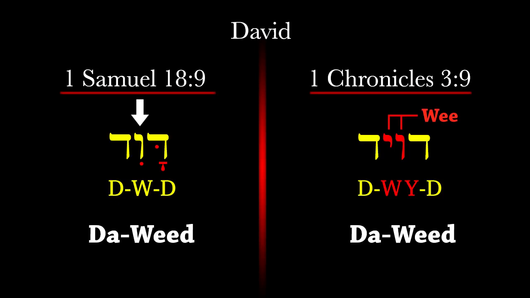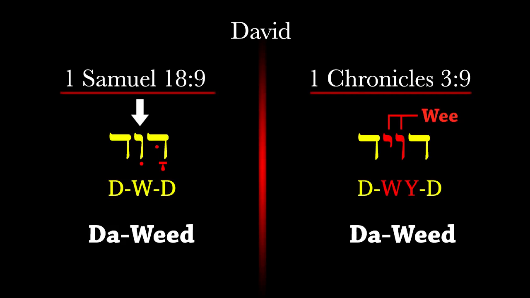So what that shows us is that the vowel pointing system of the Masoretes was based on the Matres Lectionis vowel letter system. So the question becomes, is the Matres Lectionis the ancient system of writing that Moses used? If it is, then the modern Hebrew pronunciation is correct.